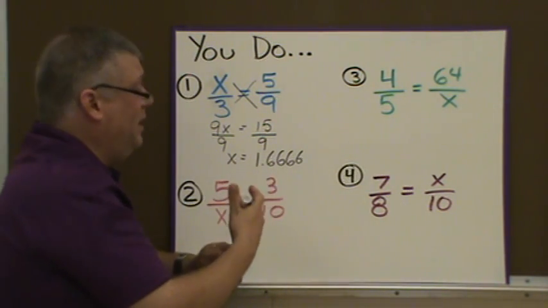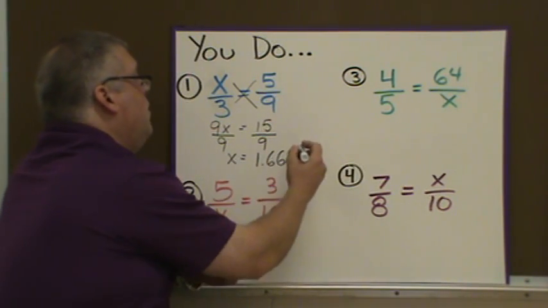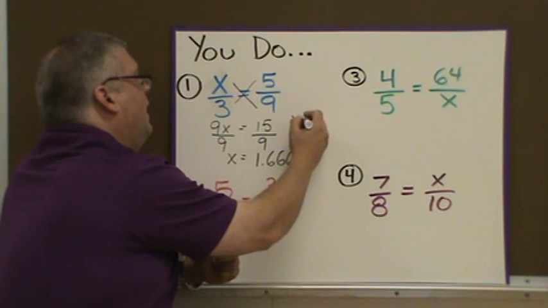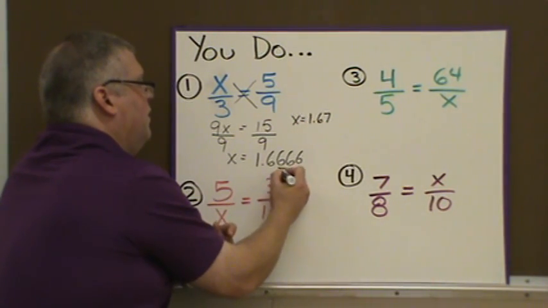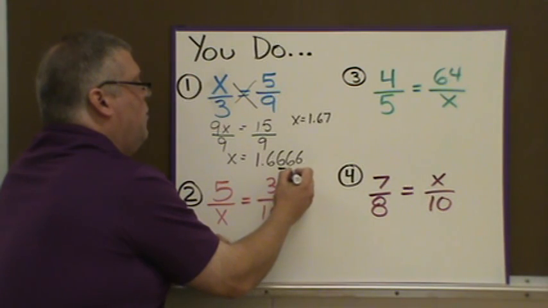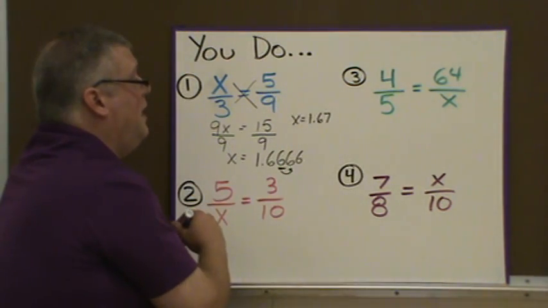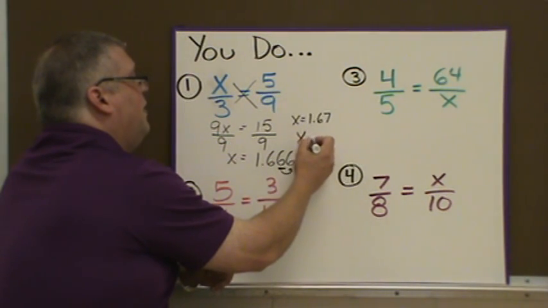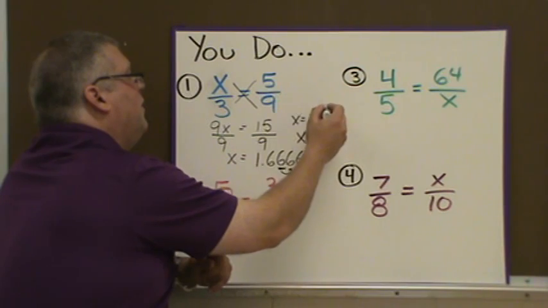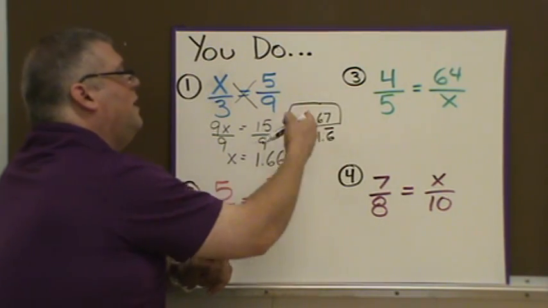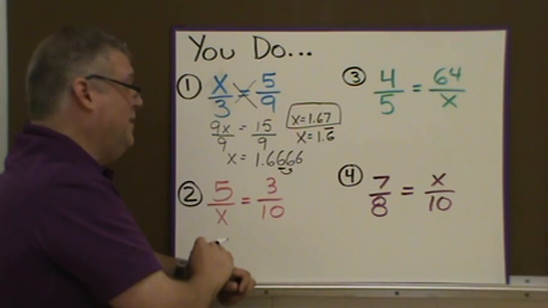Whenever I've got multiple decimal places, I usually round to the second decimal place. So I would have an answer of x equals 1.67. Because the second decimal place is a 6, the one after it is greater than 5, so I round up and I get 1.67. It would also be acceptable to write 1.6 repeating as your answer. Either one of those is acceptable.